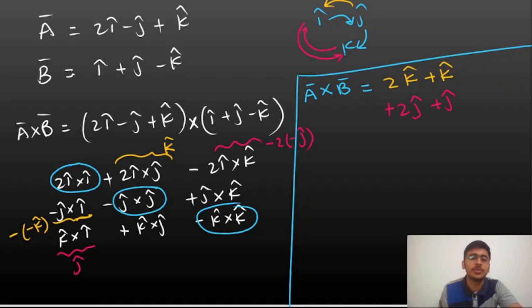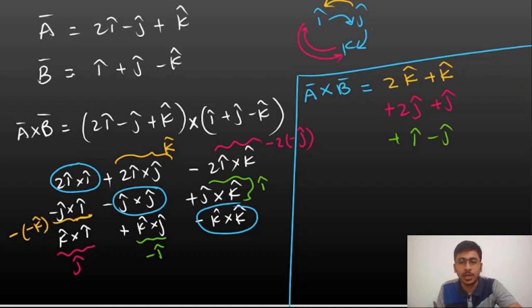Similarly for this third thing, j cap cross k cap gives you i cap, but then k cap cross j cap is minus i cap, so plus i cap minus i cap.